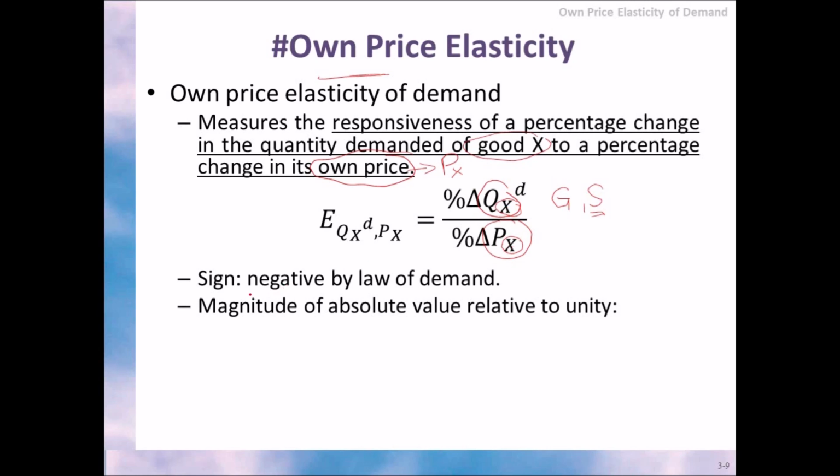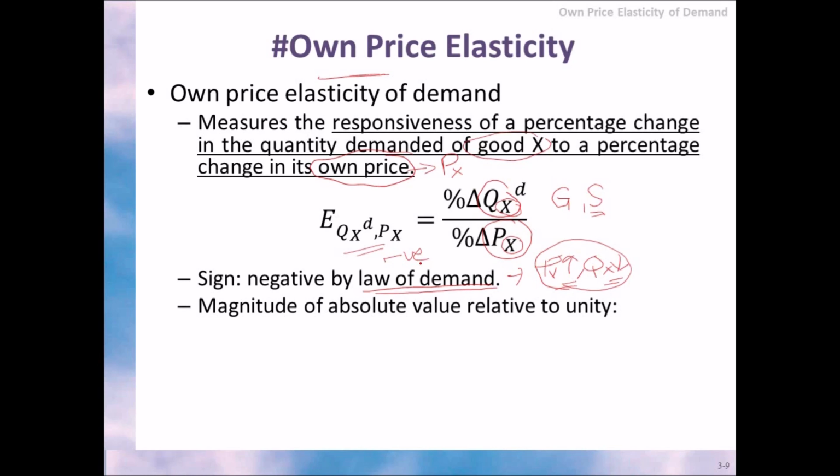We have learned in chapter 2 that we have the law of demand. The law of demand says what? As the price of X increases, the quantity of X will fall, and vice versa. So it always shows a negative relationship. One goes up, one goes down. So when we calculate the elasticity, with this law of demand, the answer will always be negative.